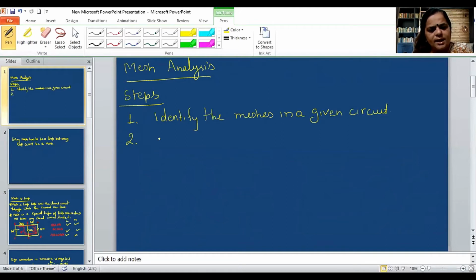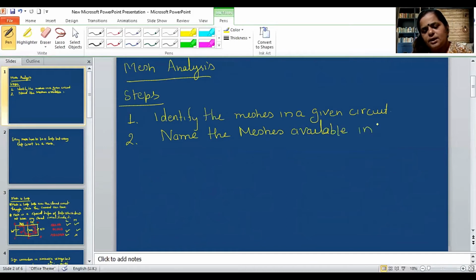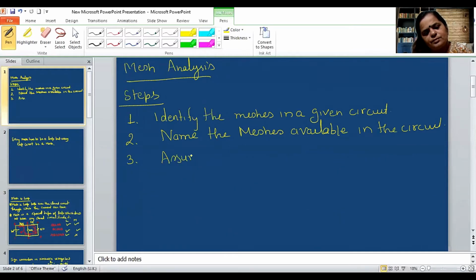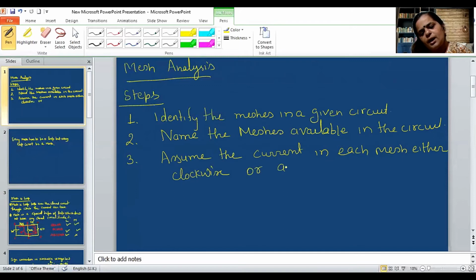Then the second thing is to name the meshes available in the circuit, like A, B, C, D, E, F, A. Third one is to assume the current in each mesh either clockwise or anti-clockwise.